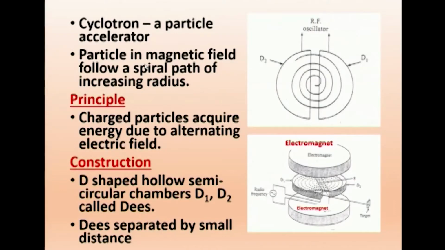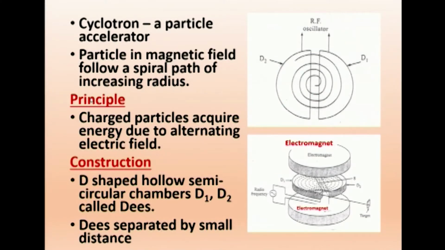That is called the Lorentz force. The magnetic force makes the particle turn into a circular path. Here the particle is moving along the plane of the D, and the magnetic field is applied perpendicular to the plane of D. Therefore, it will make a circular path.